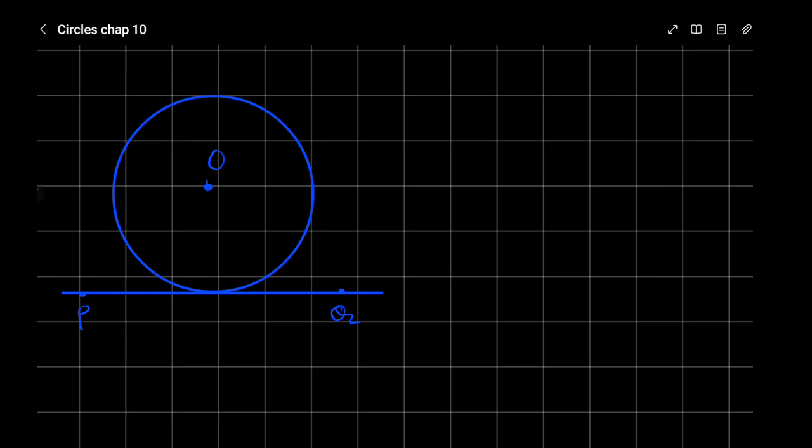So the theorem is that the tangent at any point of a circle is perpendicular to the radius through the point of contact. So what is the point of contact here? The point of contact is this one, and this is the center of the circle.